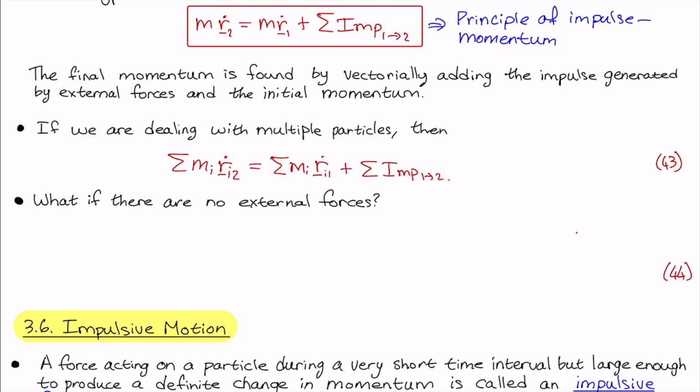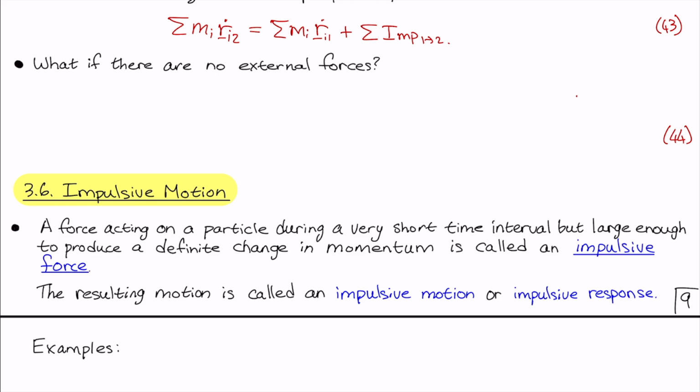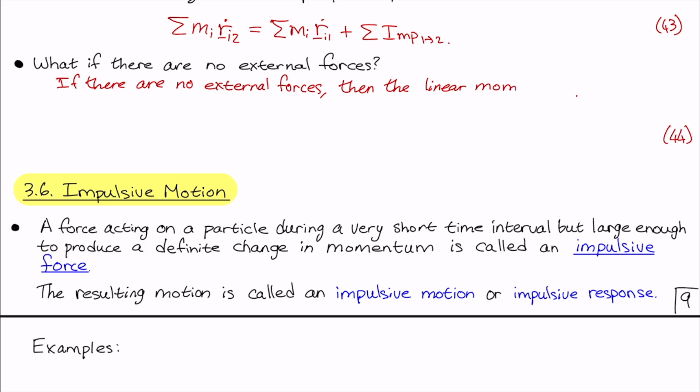Okay, welcome back. So we're left with what if there are no external forces acting on the system? Well, if there are no external forces acting on the system, then the linear momentum is conserved. So we'll just say here, if there are no external forces, then the linear momentum is conserved.